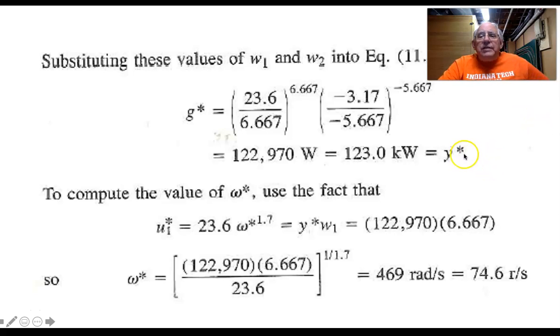We can now use that value of Y star and the two values of W and go backwards and solve for the U star 1.